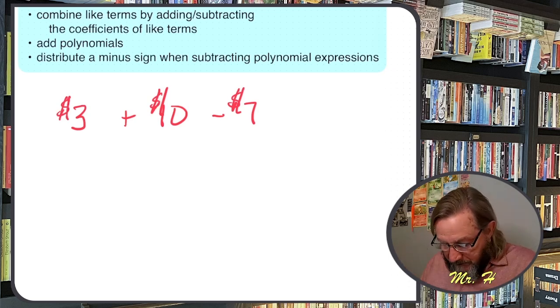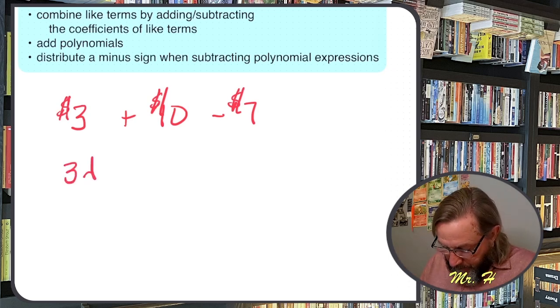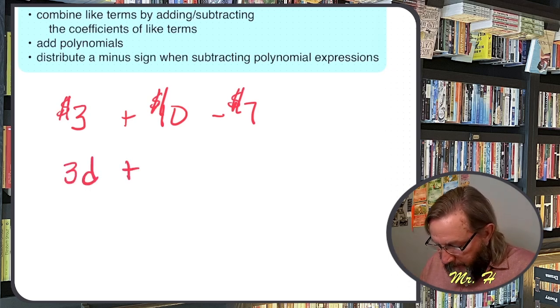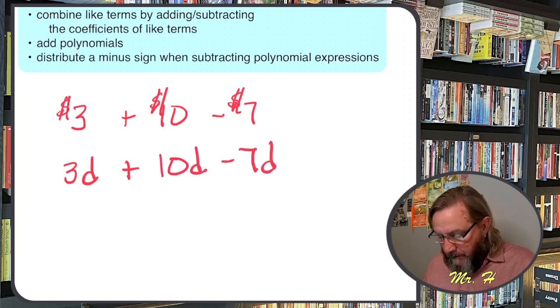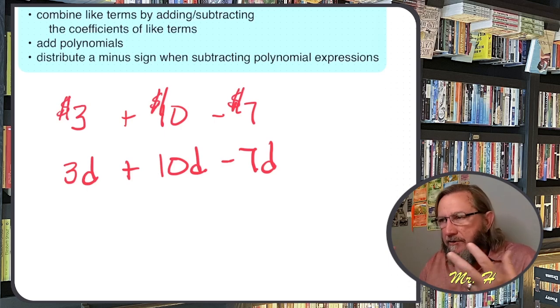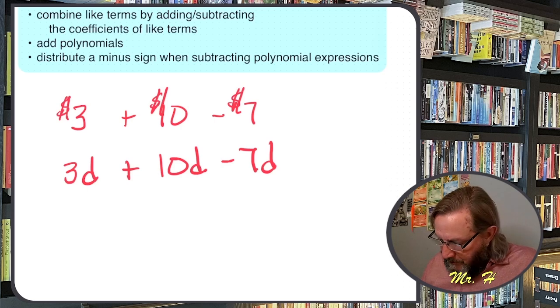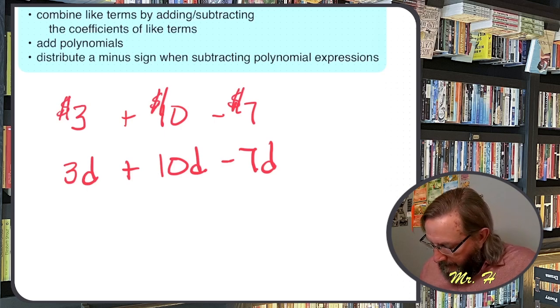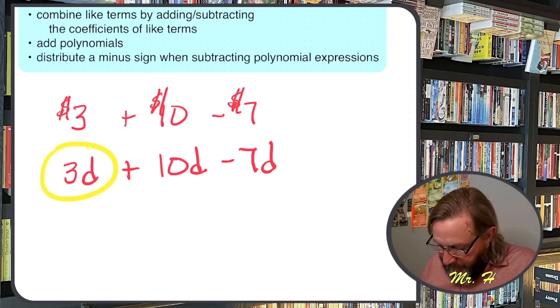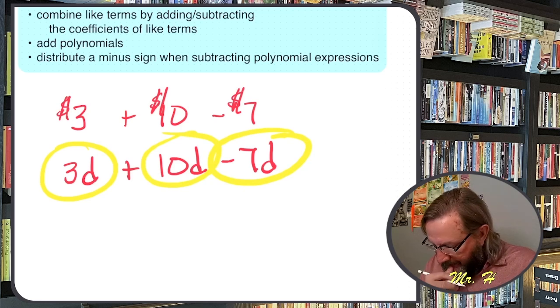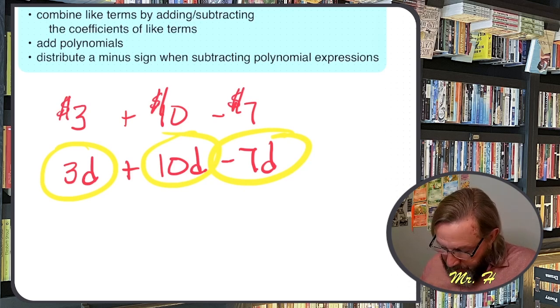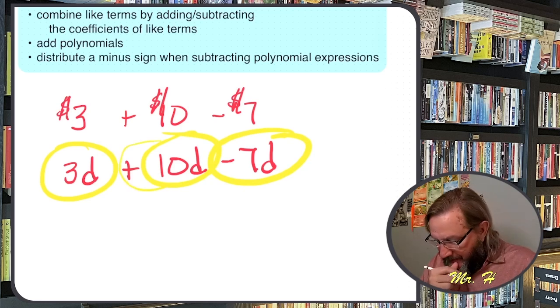Now, this is simply a variable expression, 3D, $3 plus $10 minus $7. You simply ignore the D for just a minute and realize that you're just working with dollars. They're all the same term, so you simply combine the like terms. So all of these are alike, all right? And so I really should have probably covered that plus sign right there.